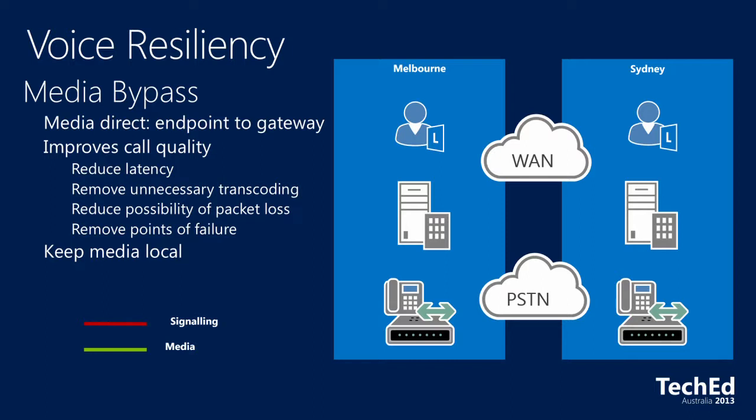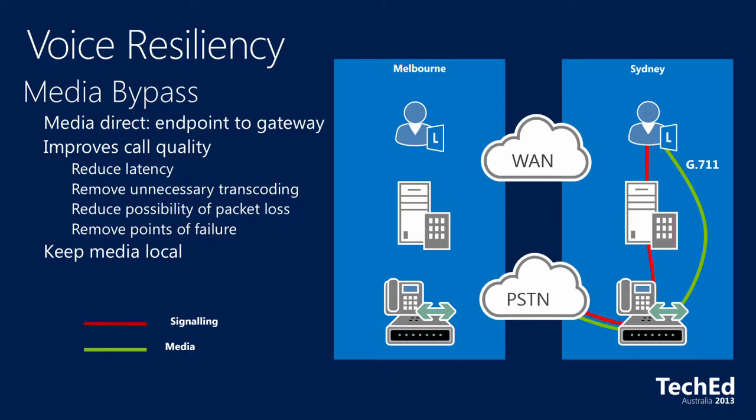So the more we can minimize transcoding, the better it is for the environment, and we don't need such a large amount of hardware to support user functionality. Effectively, media bypass is, quite simply, that we bypass, where we can, the mediation server.